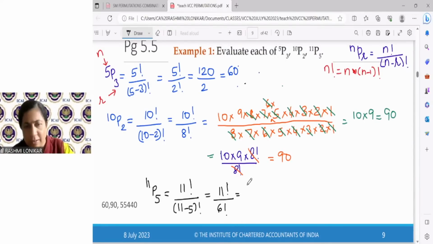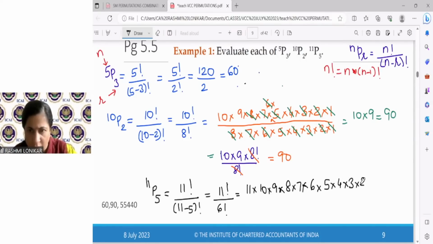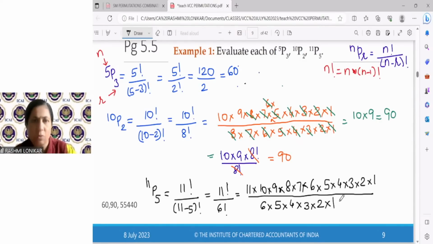So I can write it as 11 into 10 into 9 into 8 into 7 into 6 into 5 into 4 into 3 into 2 into 1 upon 6 into 5 into 4 into 3 into 2 into 1.